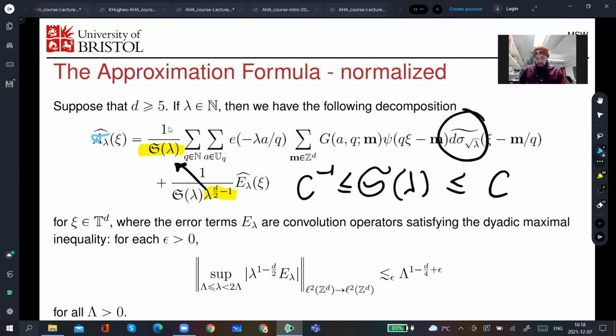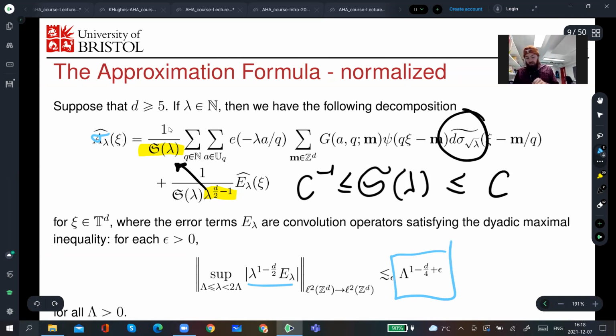And now our normalized error term actually takes the following shape. It looks like this, lambda. So the bound is lambda to the 1 minus d over 4 plus some epsilon loss. Now, taking epsilon sufficiently small, we see that as soon as d is 5 or more, this error term is bounded on L2 of Z^d to itself with a bound that decays depending on lambda.